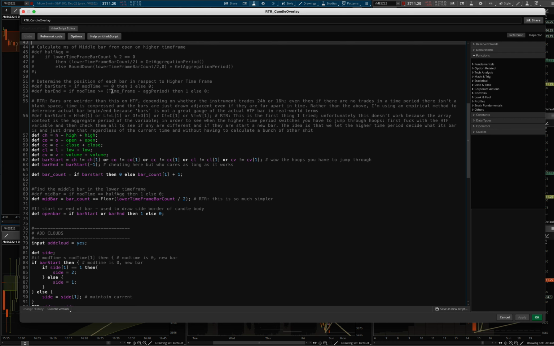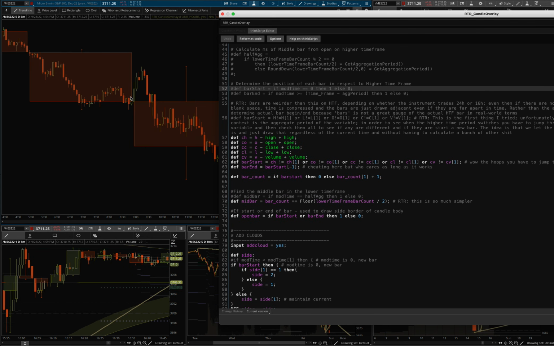Trying to add an offset to this mod time, like if it's above 1 hour then add, I think it was something like 12. It was 1 hour off once it was above that. So for the 2 hour, I would just reset this to mod time of 12 equals 0, which would set it backwards in time to push that bar start to match where it was matching.